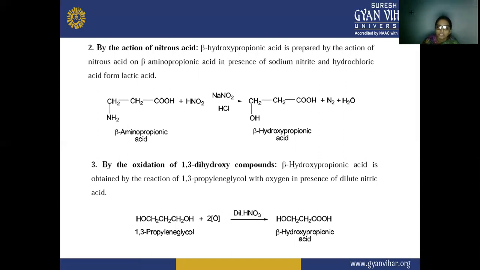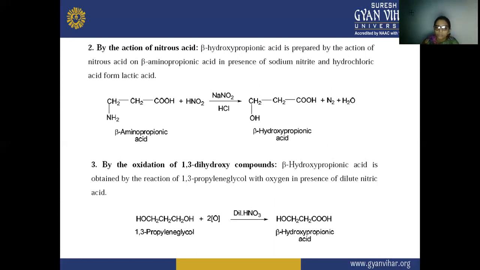So here you can see that on the beta position this amino group is attached, and this is the propanoic acid. So that is why its name is beta amino propanoic acid. And when it is treated with nitrous acid, that is HNO2, there is a formation of beta hydroxypropanoic acid. This is beta because on the beta position a hydroxy group is attached.